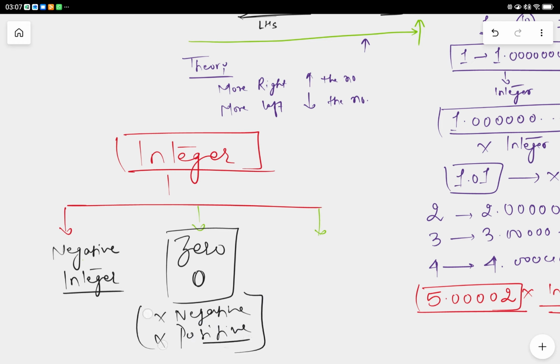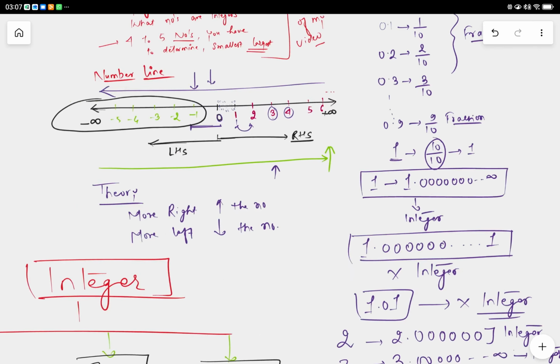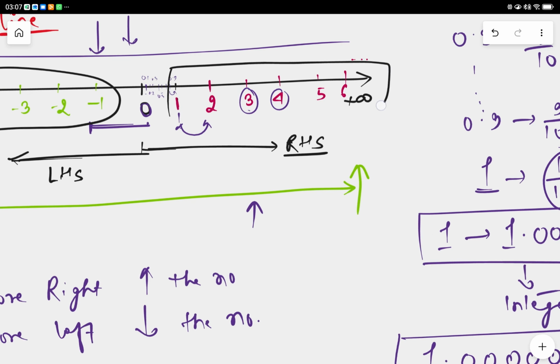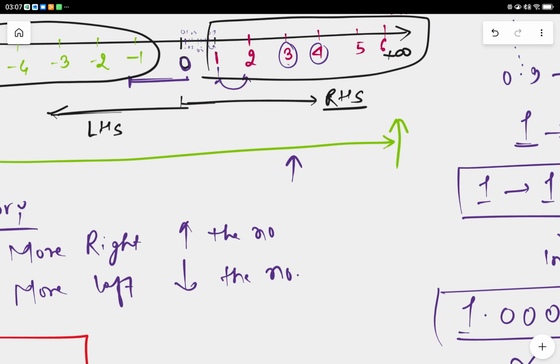So it is nothing. 0 has an absolute self identity. And the third one is the positive integer. What is a positive integer? All the integers on the right hand side of the number line are called positive integers.